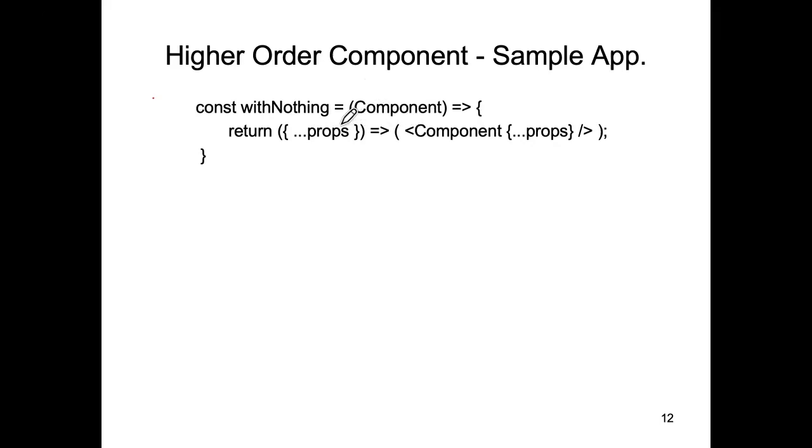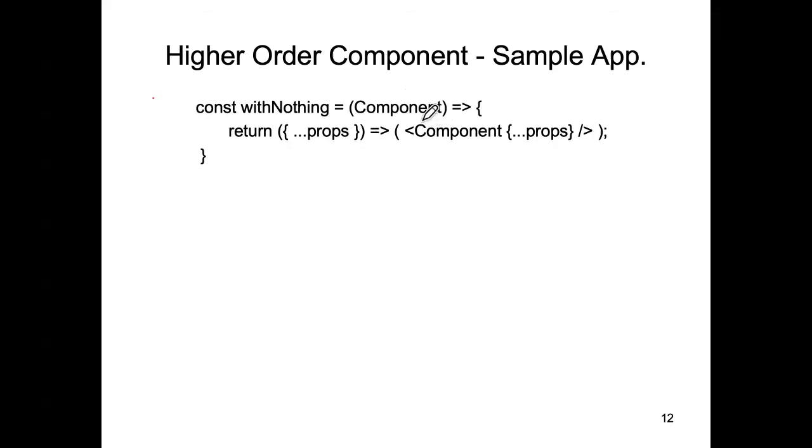and the function that is being returned, as part of its return statement, includes the component that was passed into my higher order function. Now it's not doing any enhancements in this case, but that's okay.